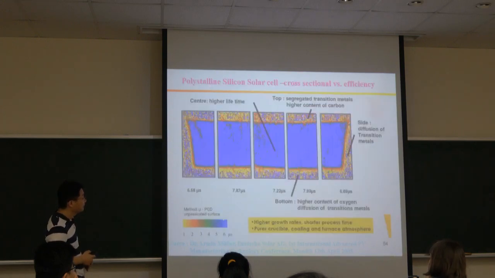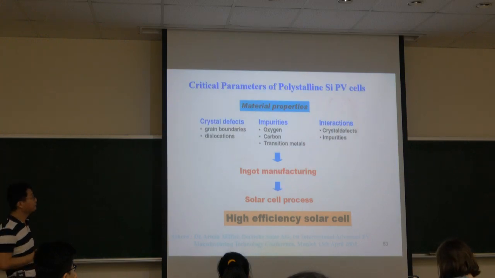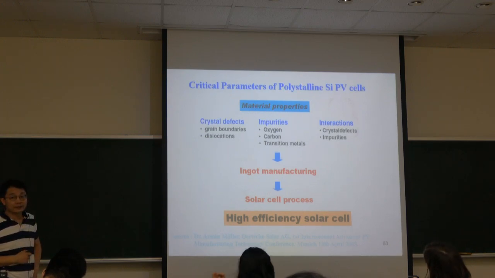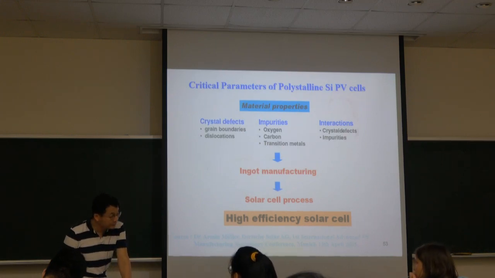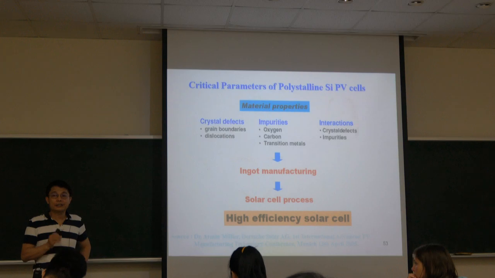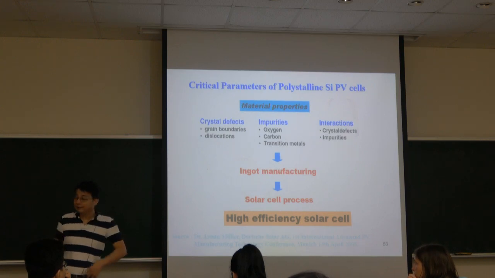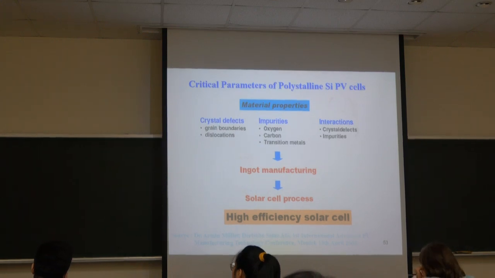One of the critical parameters of polycrystal silicon: to grow single crystal silicon, using Czochralski for example, we need to take 48 hours, right? And in 48 hours you get the single crystal chunk of silicon.